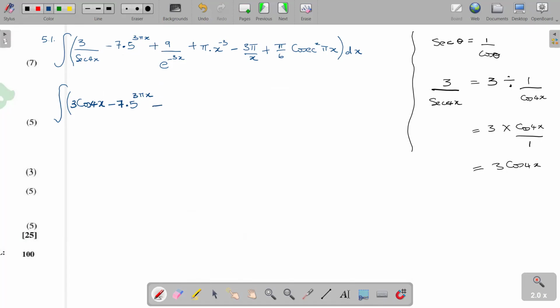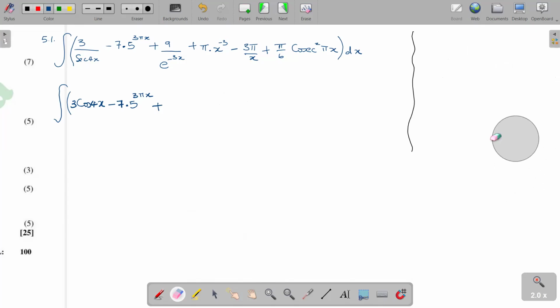we have to simplify that third term. We are going to apply the laws of indices. You have 9 over e to the power negative 3x. We have to change this denominator to be a numerator, so this becomes 9.